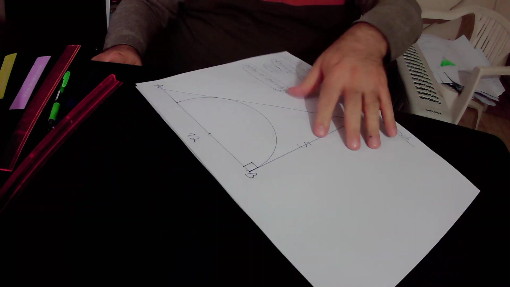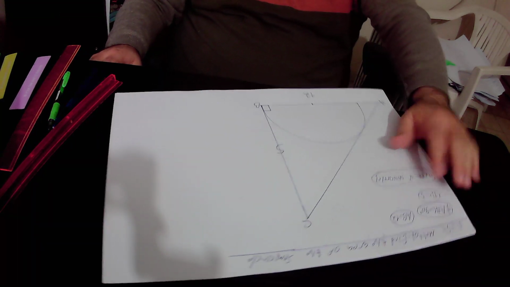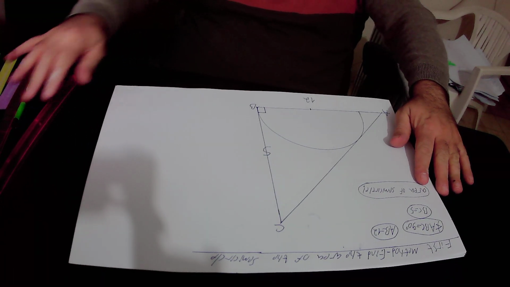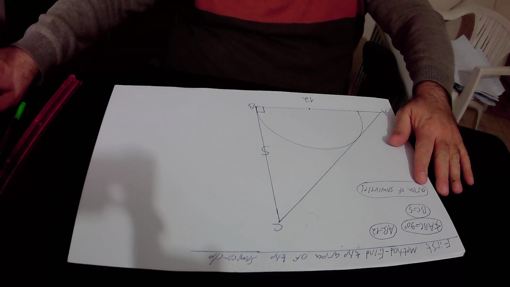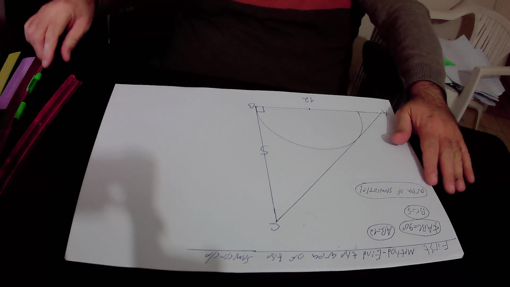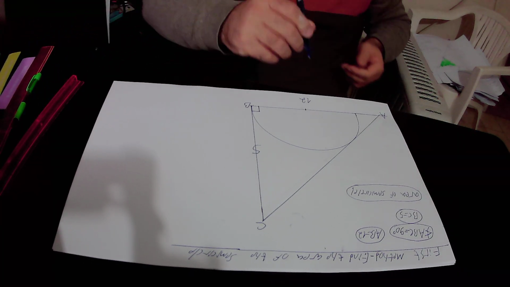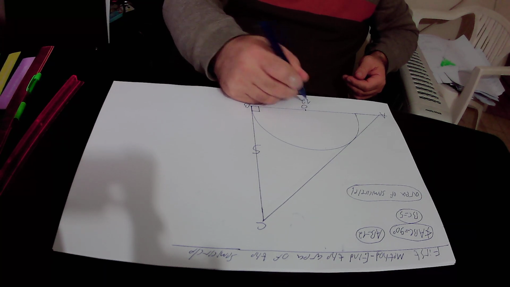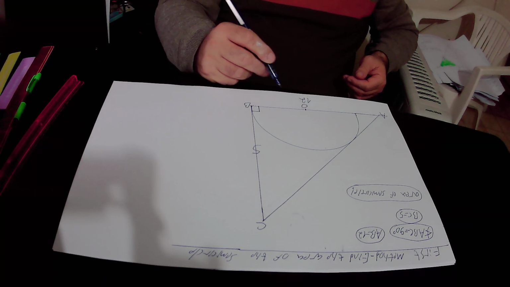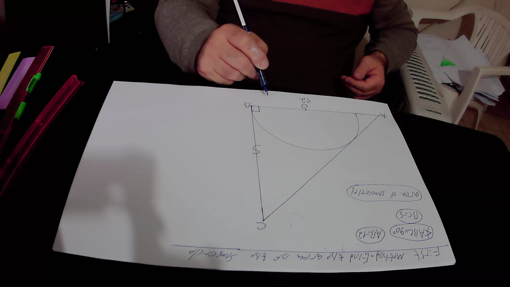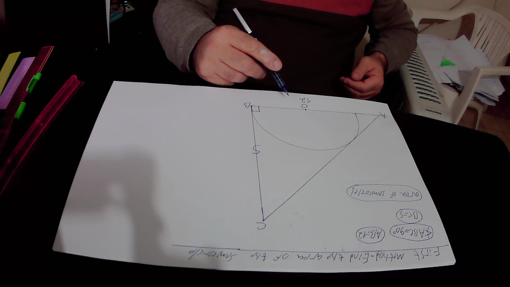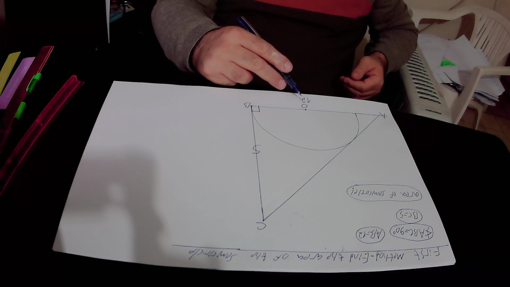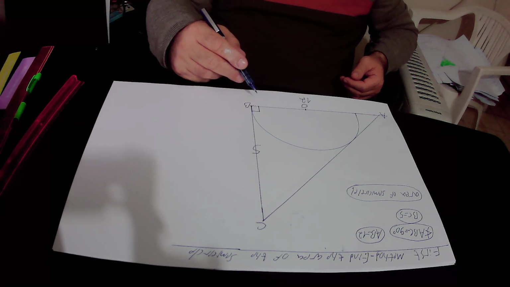First of all, we will define the center of the semicircle as point O. Actually, OB is the radius of the semicircle because line segment OB starts from the center of the semicircle, that is to say from point O, and ends at point B, that is a point on the semicircle itself.